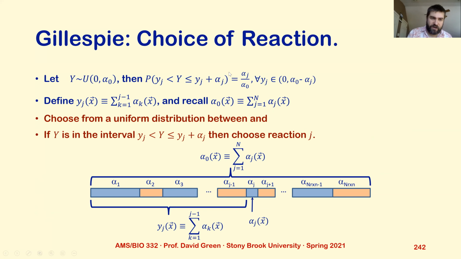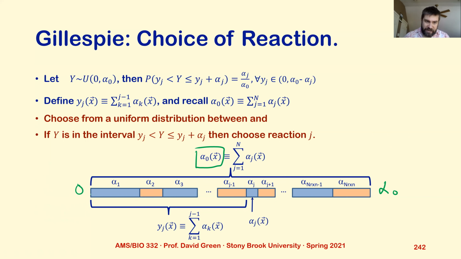Let's think about this. We are going to essentially define a big range going from 0 at one end up to alpha naught at the other end, right? We add up all of the reactions and get our aggregate or combined reaction rate.